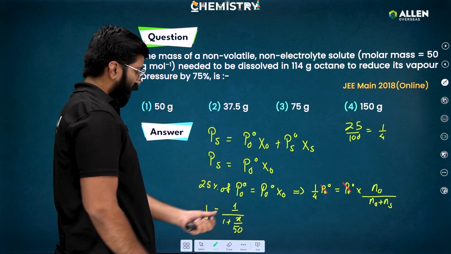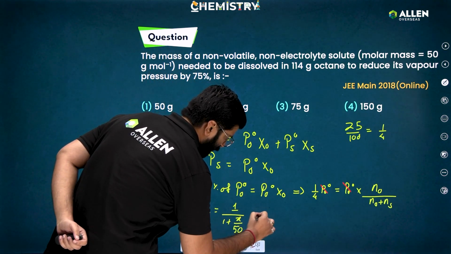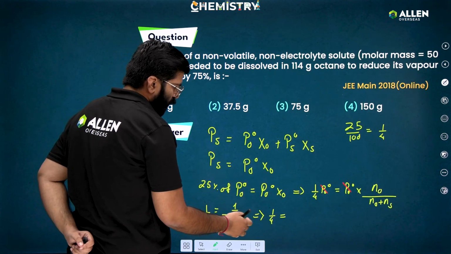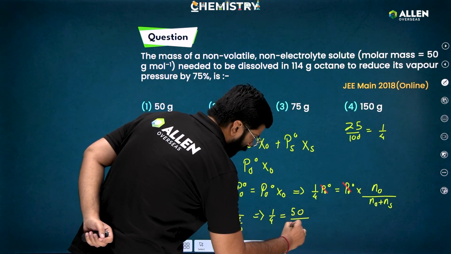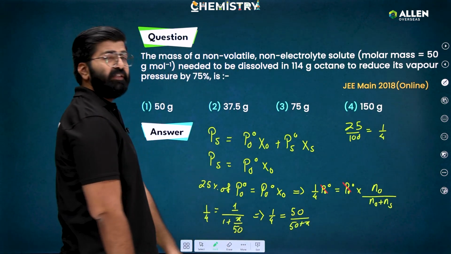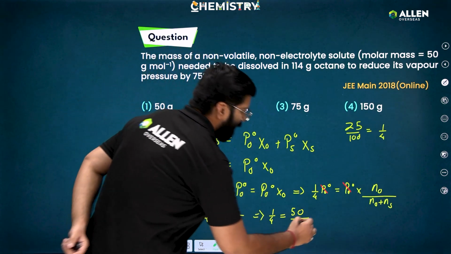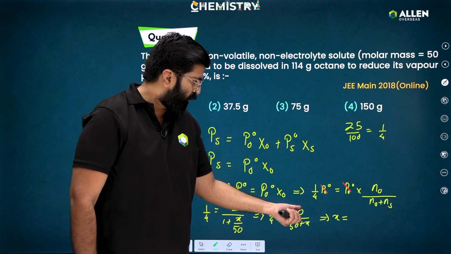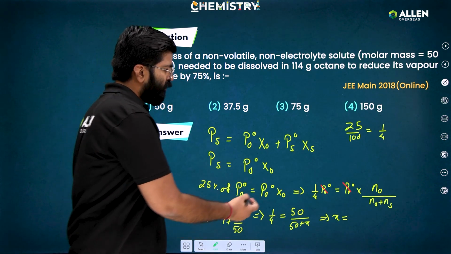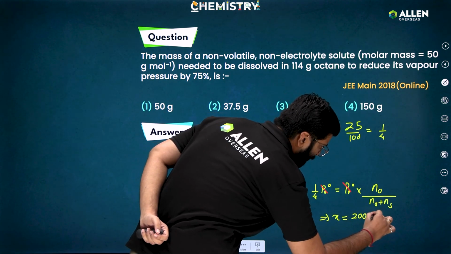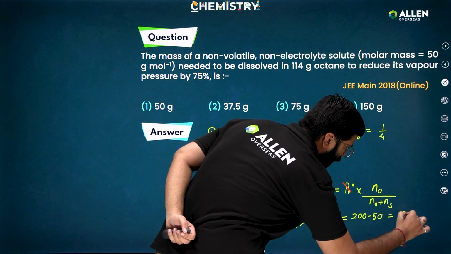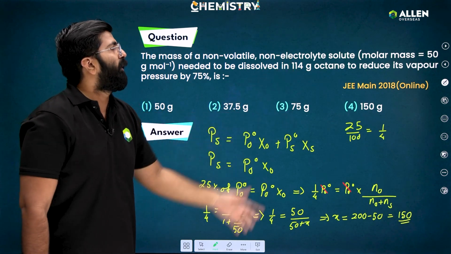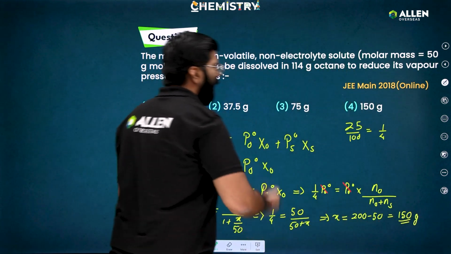So 1 by 4 is equal to 50 upon 50 plus X. Now from here I can easily solve for X. I bring this over here and the 4 goes over here, so this becomes 200. Then 200 minus 50 gives 150. So 150 is the mass of your solute, in grams. This is 150 grams.